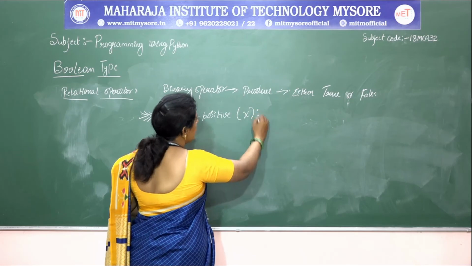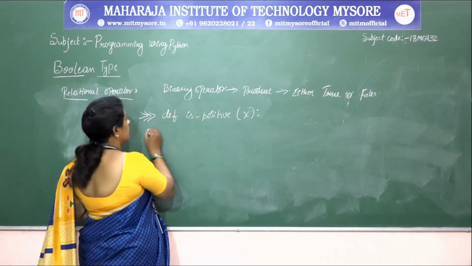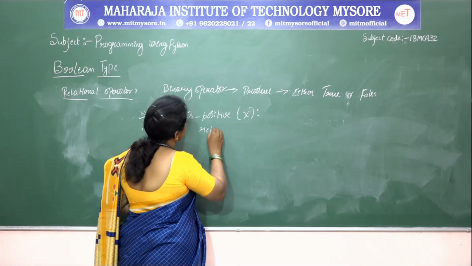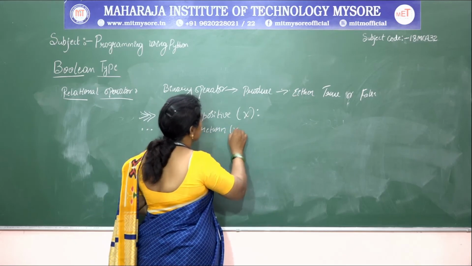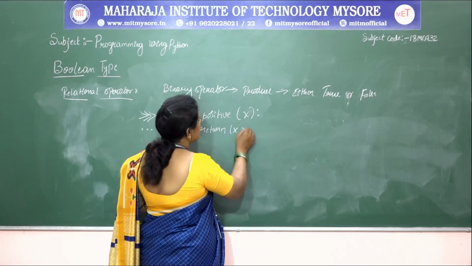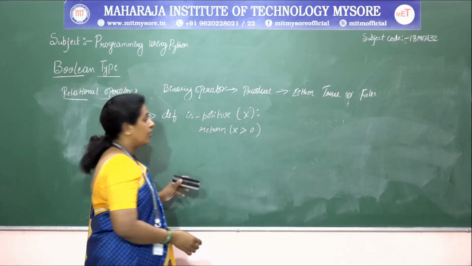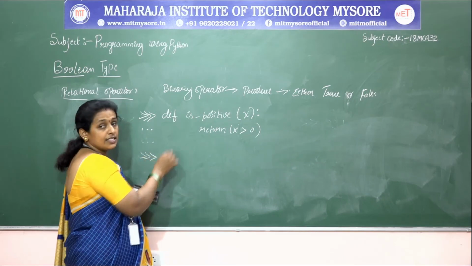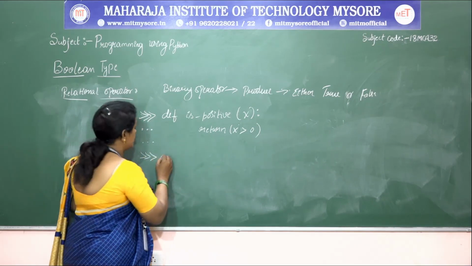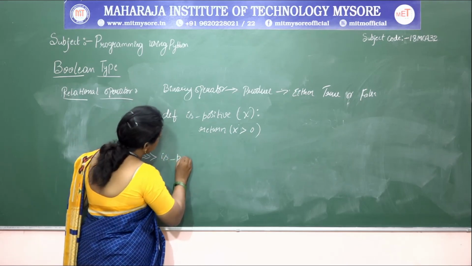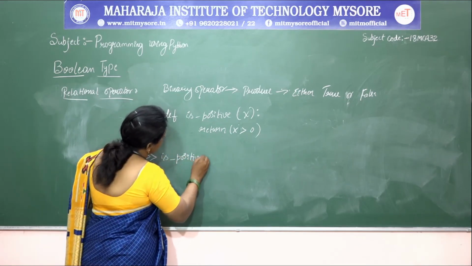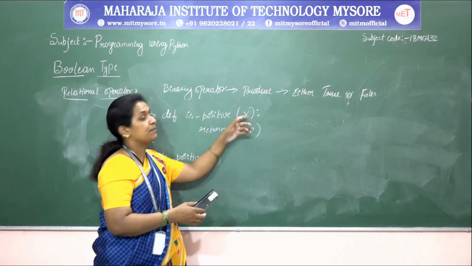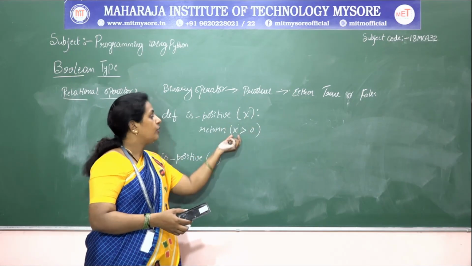I am passing a value x, at the end of the header, press enter, give a tab space, and return x greater than 0. I am ending this function. Now I am calling the function is_positive of 3. Whatever value is passed to this function, 3, it is going to check.